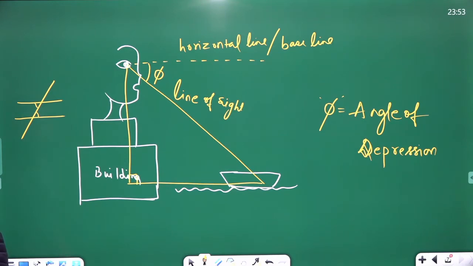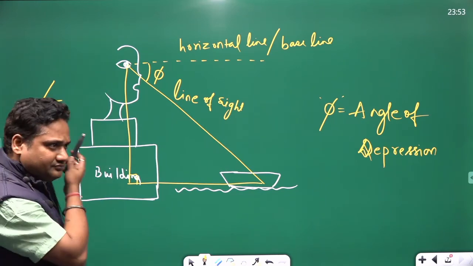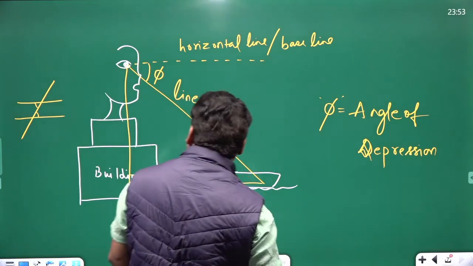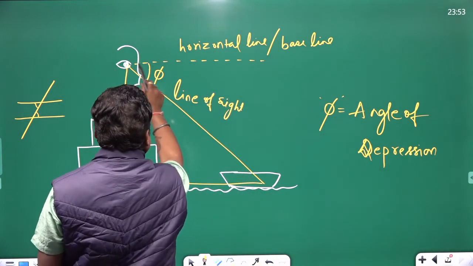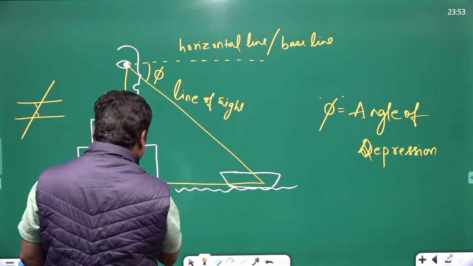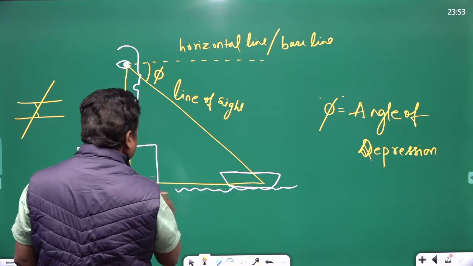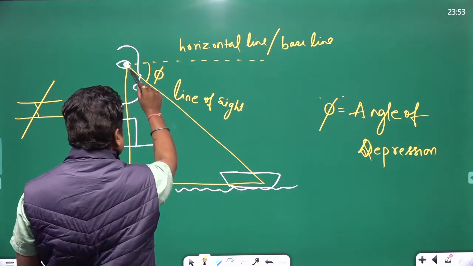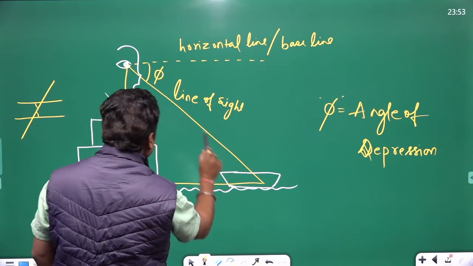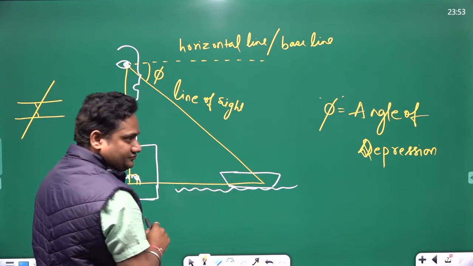These are alternate angles, right? I hope you know all this. So this horizontal line and this other line are parallel, and this line of sight behaves like a transversal.